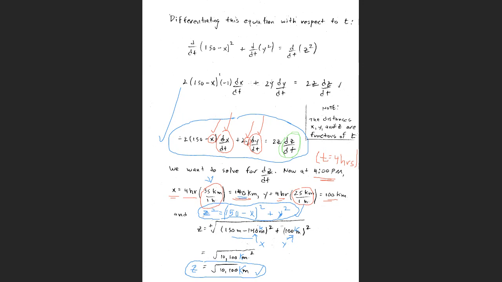It wants exact answers, or if it says to round to the nearest decimal, it wants something very close to the exact answer. Normally you want to round your answer at the very end. It's no problem that z equals the square root of 10,100, and I'm just going to plug that in up here for z.